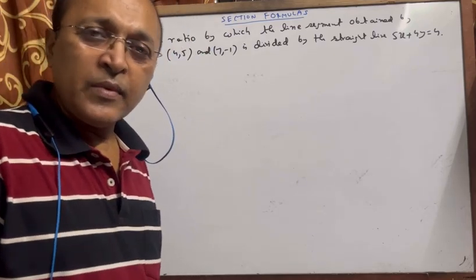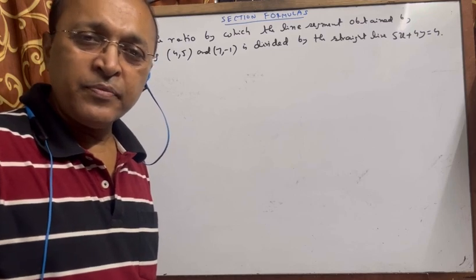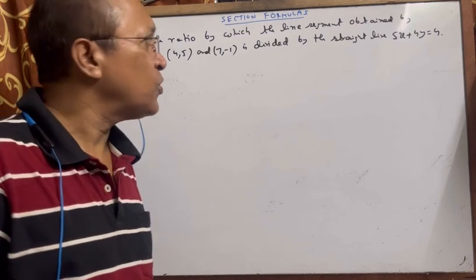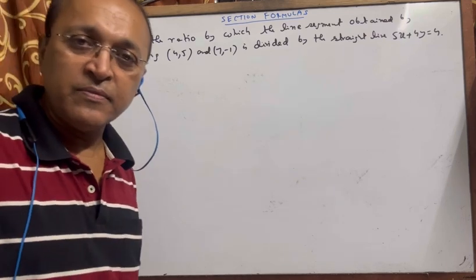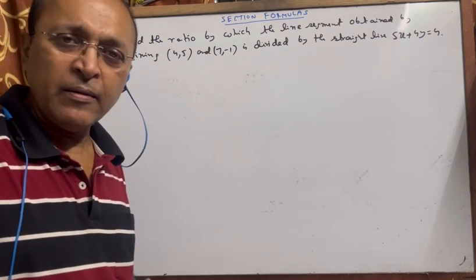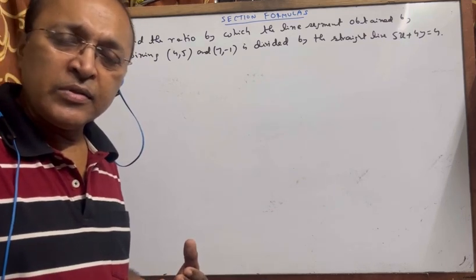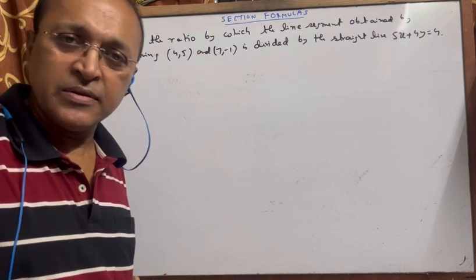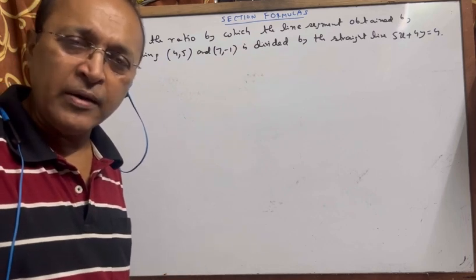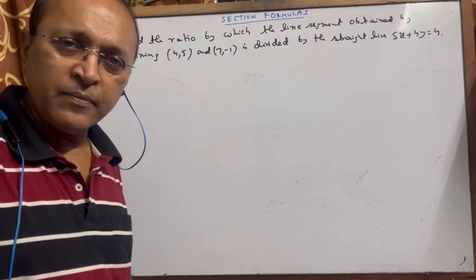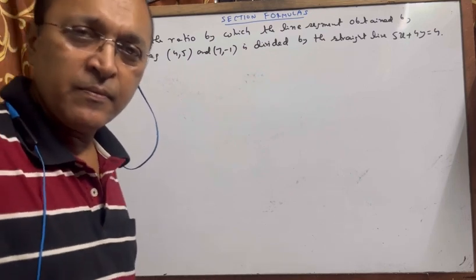Today, we will discuss various problems belonging to section formulas, because these have already been done within our syllabus, right? So all of you already knew it. That is all the formulas.